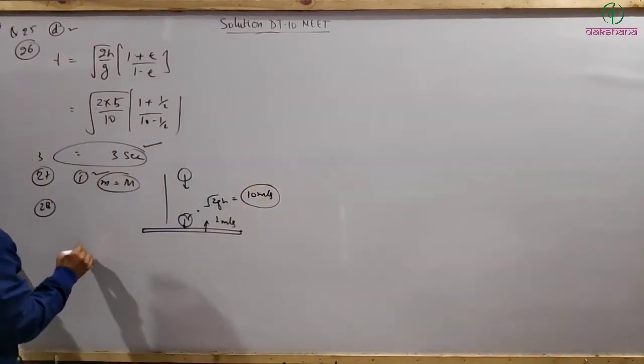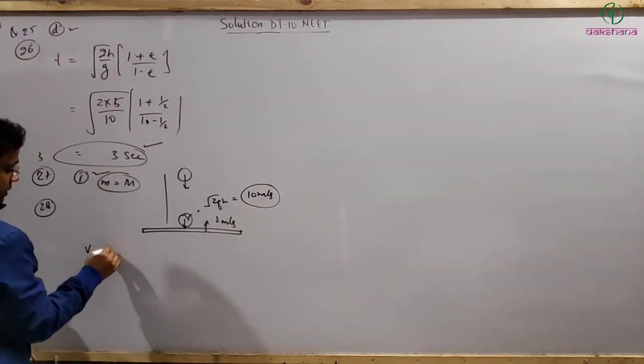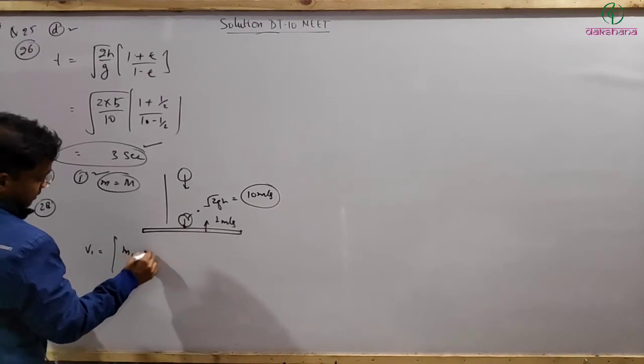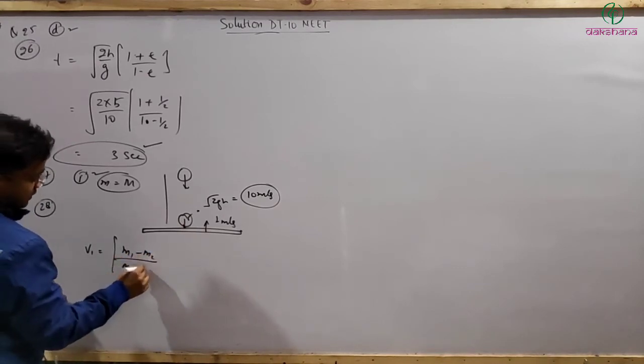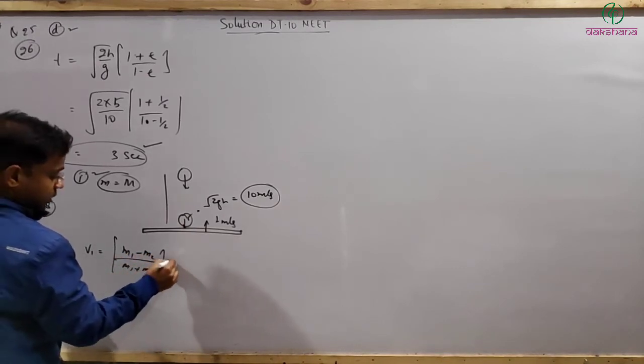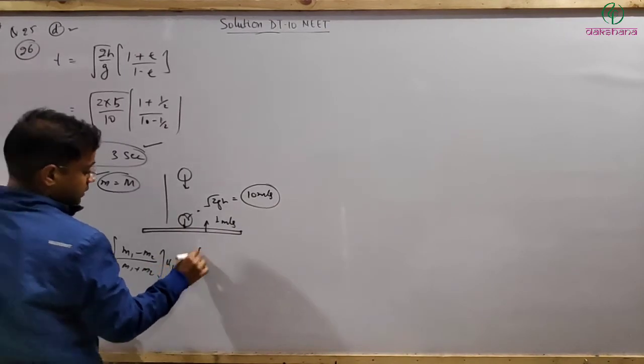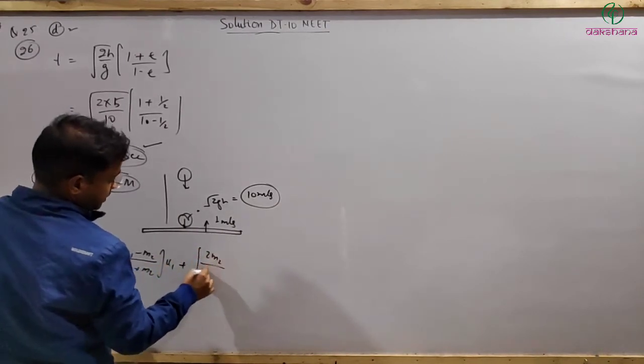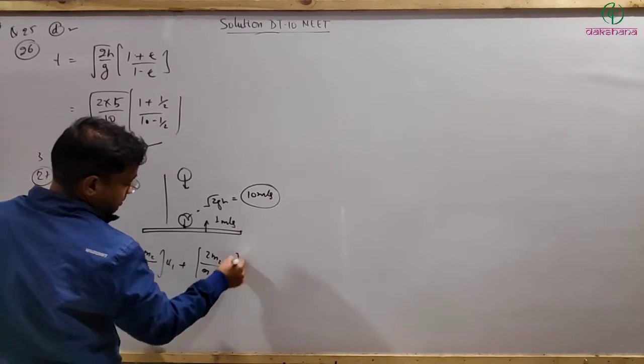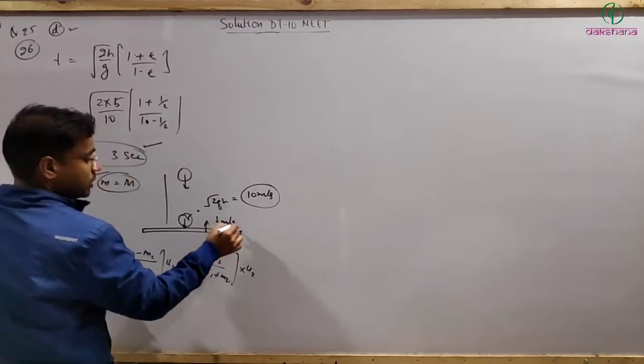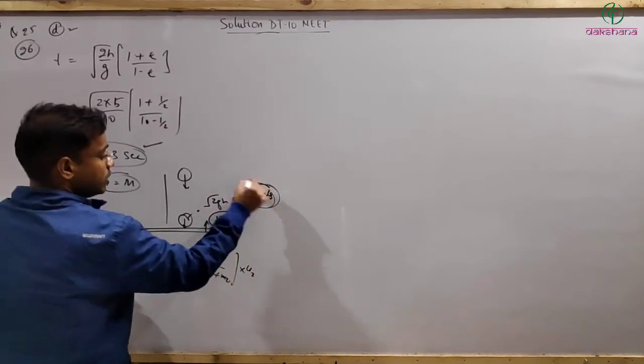So then we know the velocity after collision v1 is equal to (m1 minus m2) divided by (m1 plus m2) multiplied by u1, plus 2m2 divided by (m1 plus m2) multiplied by u2. This is u2, this is u1.